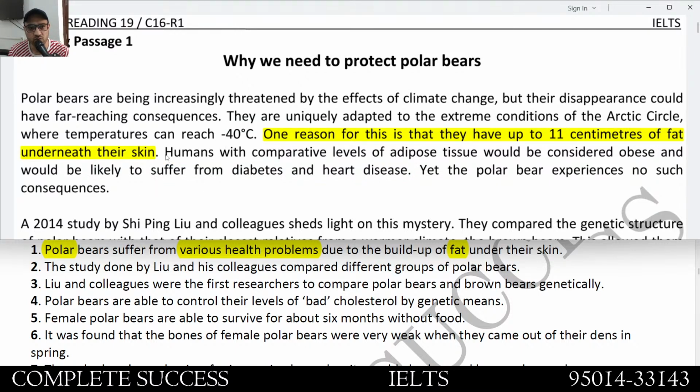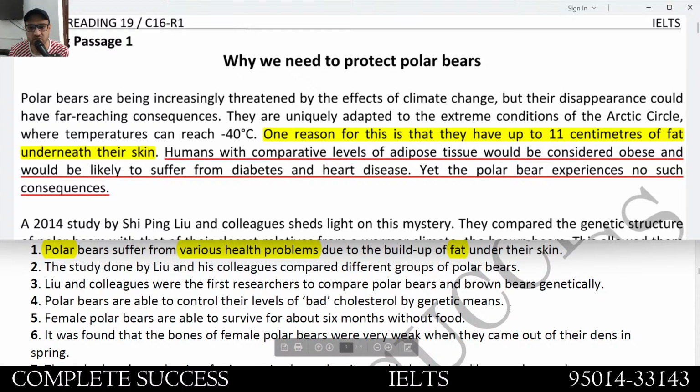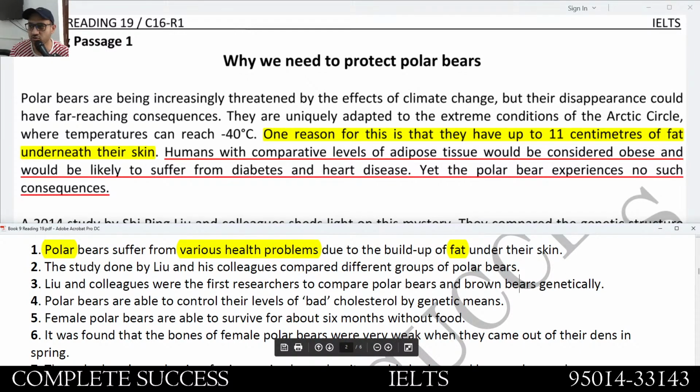Okay, if you read all this information, you tell me what should be the answer to the first question. Should it be true, false, or not given? So try to give the answers. If you are watching the video, or if you are on the live session, I'll suggest you attempt this question. If you want, I can give you about 2 minutes, or 1 minute if you can.